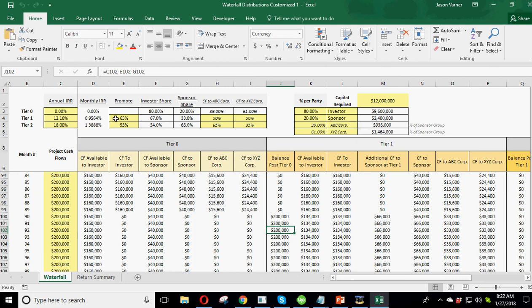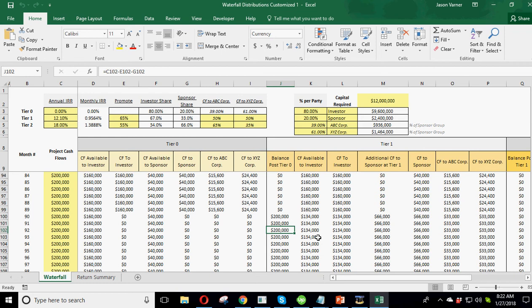Instead of going 80-20, it's 67-33, and between ABC and XYZ it's 50-50. Sponsor's got the 66. Investors got 134,000, which represents 67% of the 200. And that's the first waterfall.